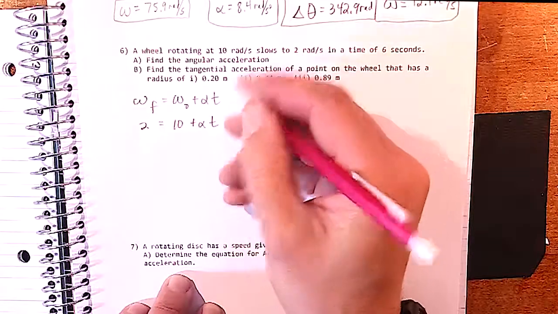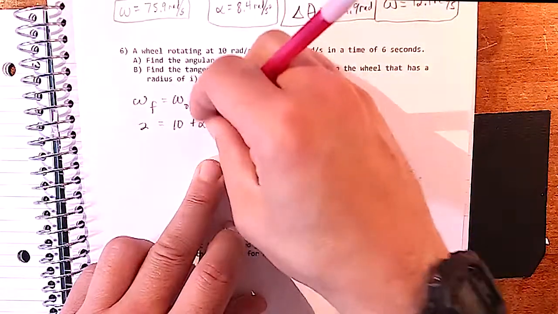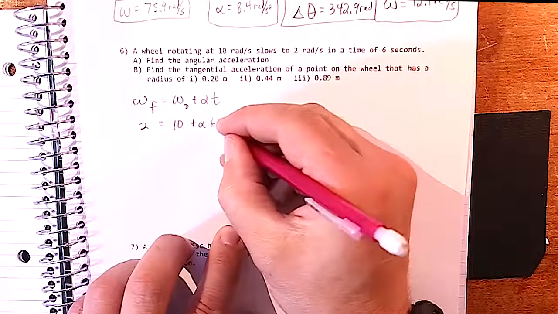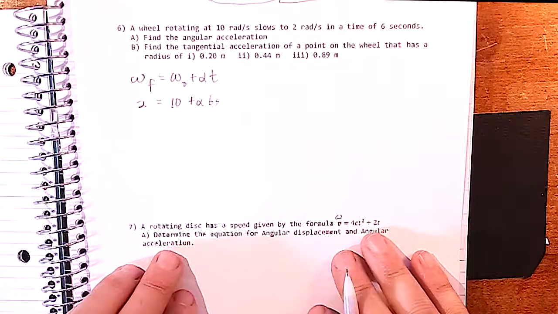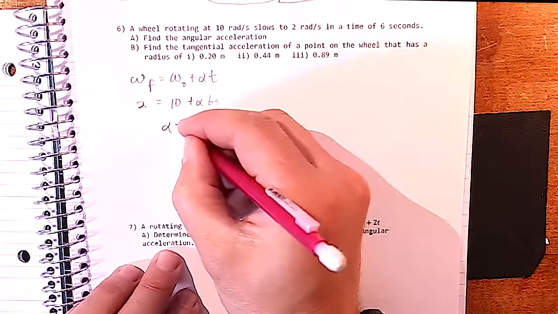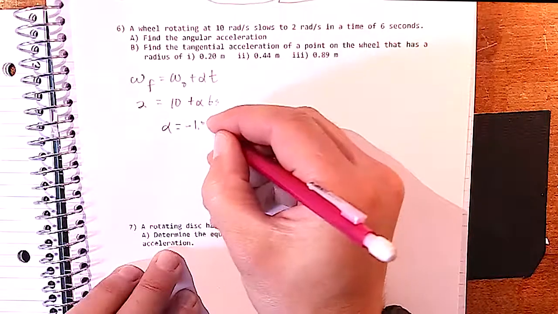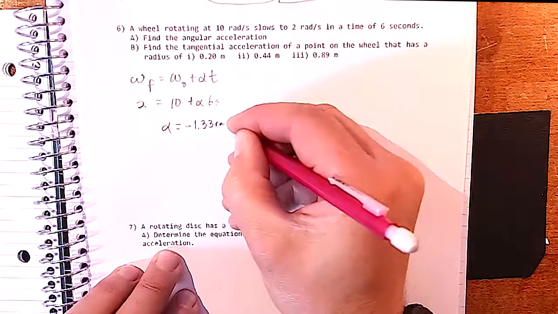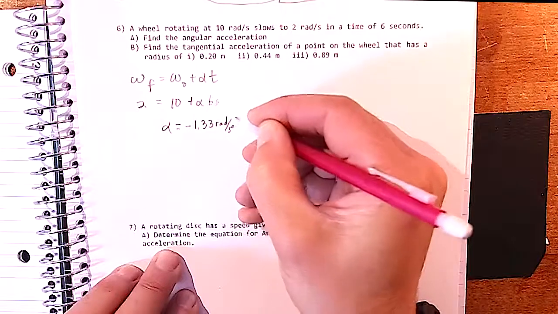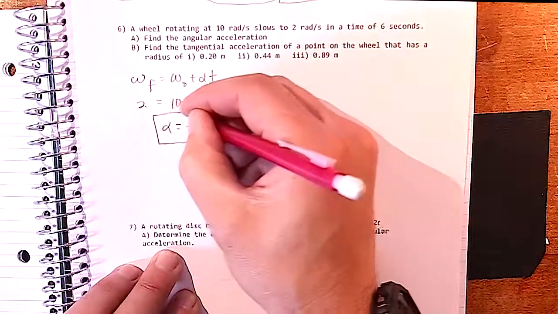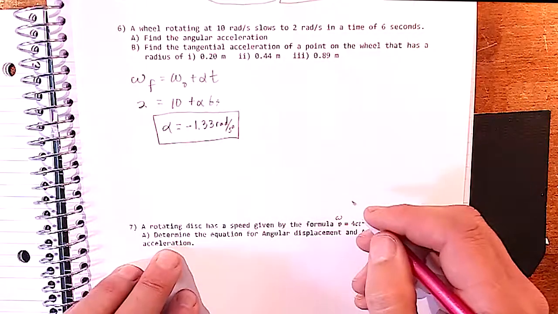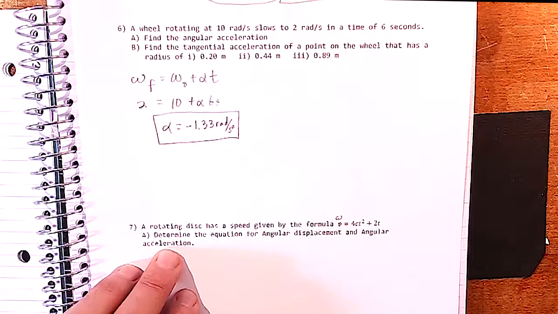So that's going to give us a negative answer. We know the time. Time is 6 seconds. And that's going to give us a negative answer of negative 1.33 radians per second squared. In other words, every second that goes by, it slows down by 1.33 radians per second.